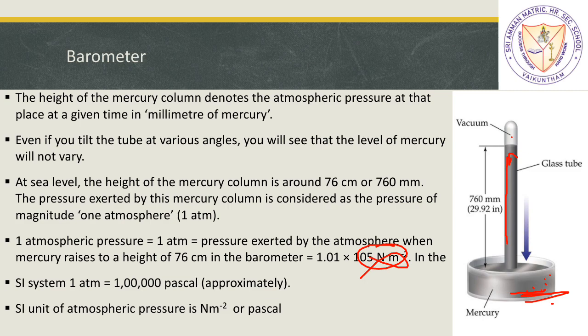As we increase the amount of thrust, the pressure will increase. As we decrease the area of contact, the pressure will increase. On the other hand, for decreasing the pressure, we have to either decrease the thrust or increase the area of contact, and we have seen some examples of increasing and decreasing the pressure from our day-to-day life.